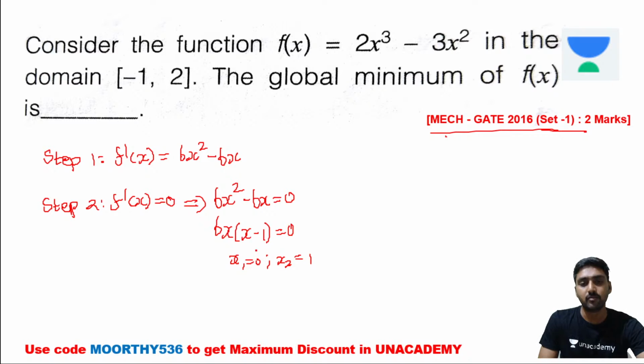Now we need to check whether the points lie inside the given limit or outside. x is equal to 0 as well as x is equal to 1, both values lie inside the given limit because the given limit is minus 1, 2. Now the step 3, what we need to do? We need to substitute all the values.